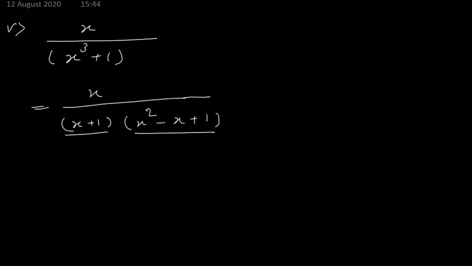Can I make this a linear factor? No, I cannot divide it so that their addition is minus 1 and product is plus 1. So I will put this term as it is, and here I am going to write a upon x plus 1 plus bx plus c. This is the third type we are discussing: bx plus c upon x square minus x plus 1.